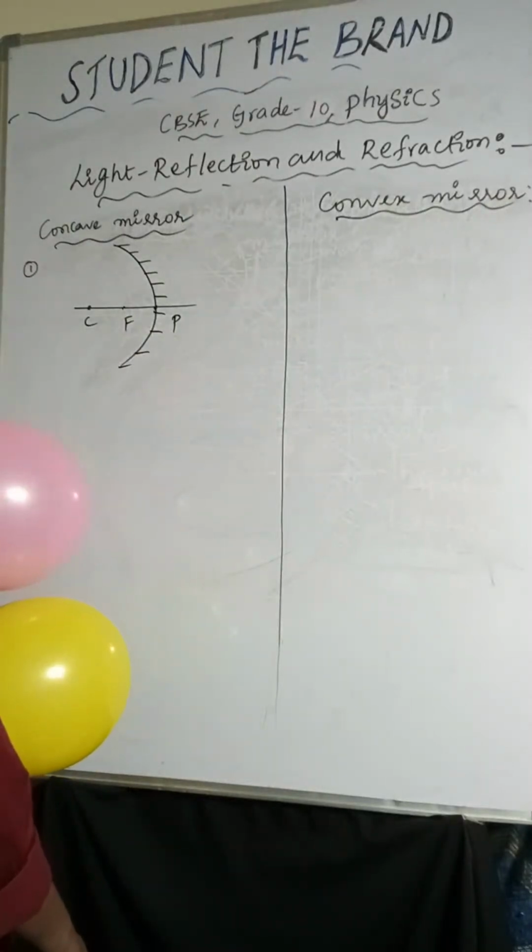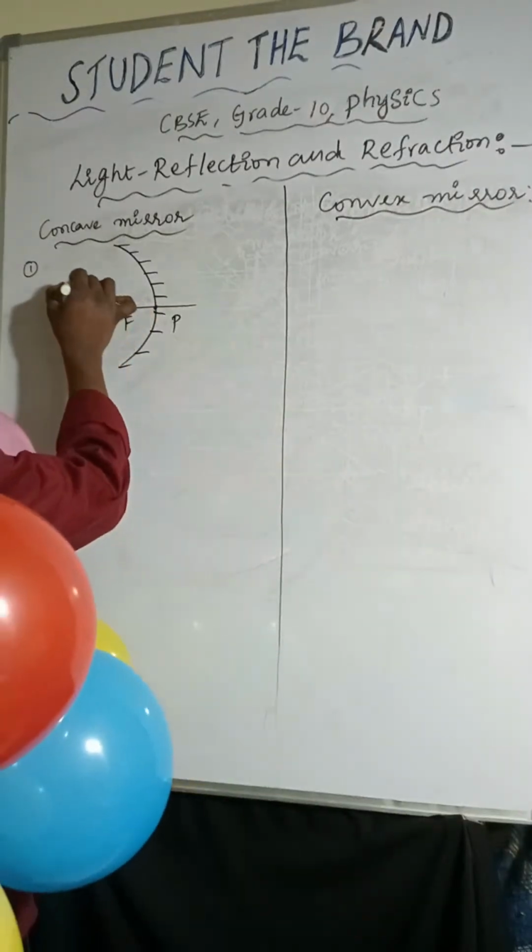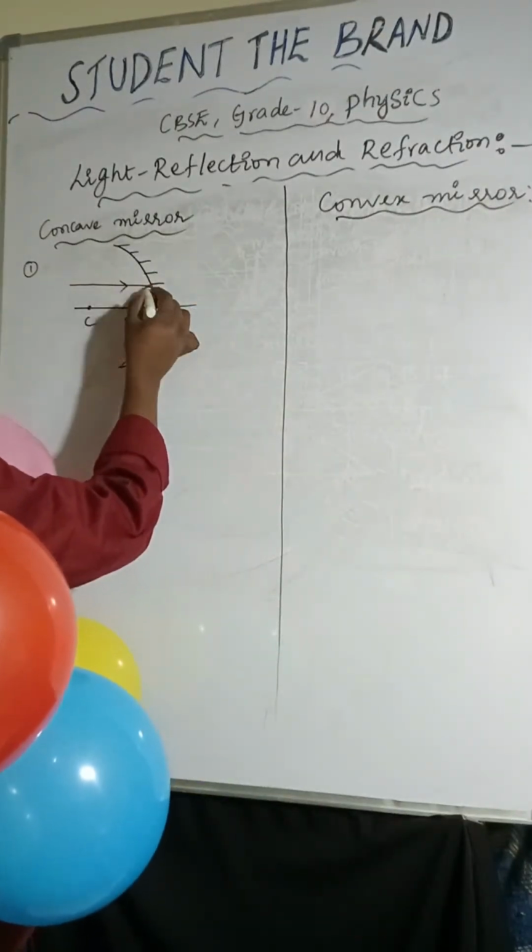First ray: a light ray coming from infinity passes through the focus after reflection.